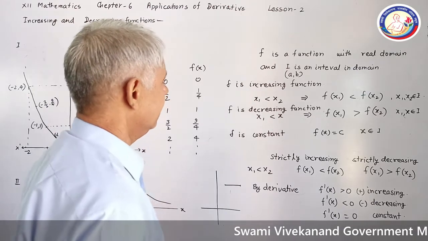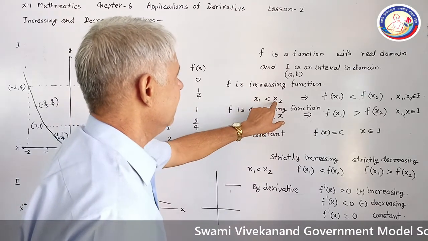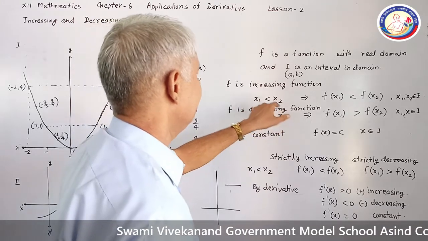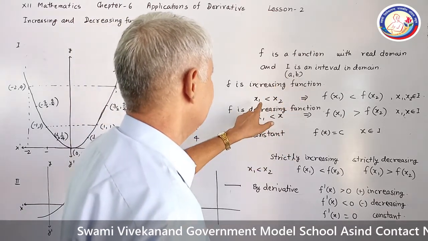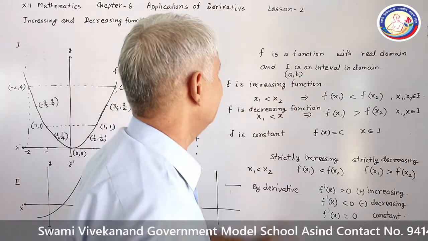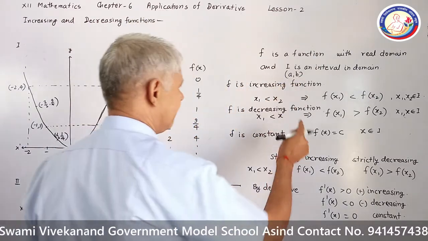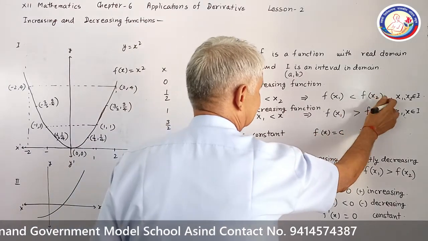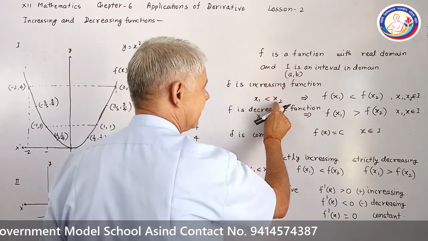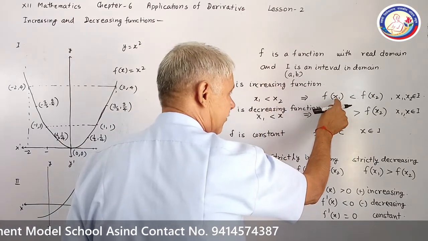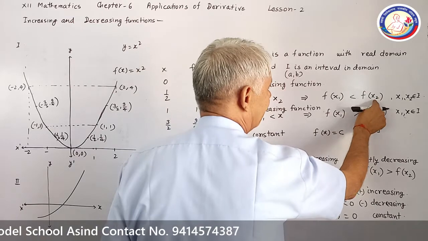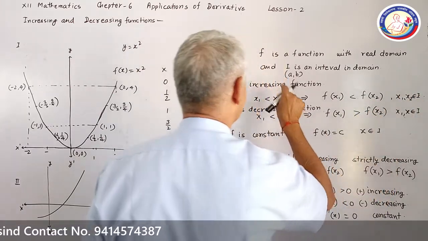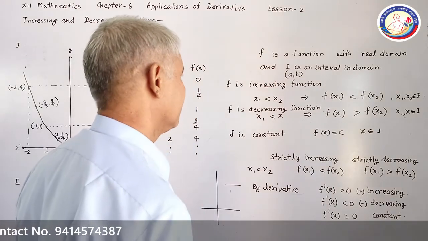We can understand it if there are two values of x in the given interval of domain. Say there is an interval AB where x1 and x2 lie in this interval, and the values of function at x1 and x2 are such that if x1 is less than x2, then the value of function at x1 is less than at x2 for every pair in the interval, then we say that the function is increasing function.